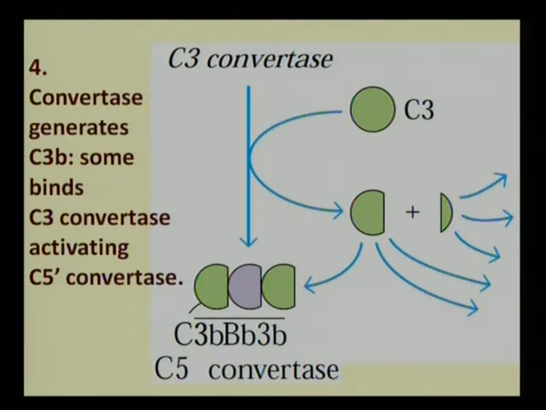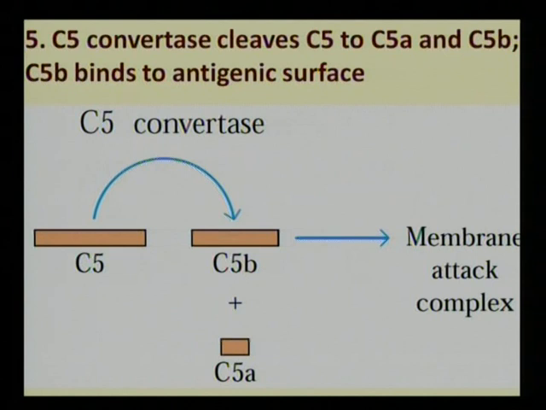One is the C3b component. The second one, which is purple, is the small b, the b component of factor B, and the third component is again C3b. So it is like a sandwich of two C3b's and the b component of factor B. This has C5 convertase activity, which means it will act now on C5.